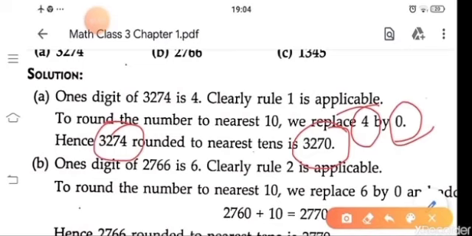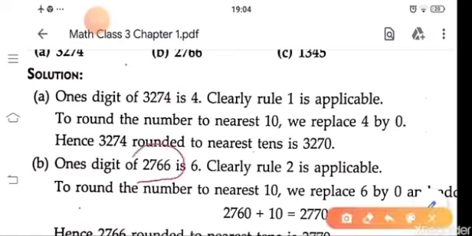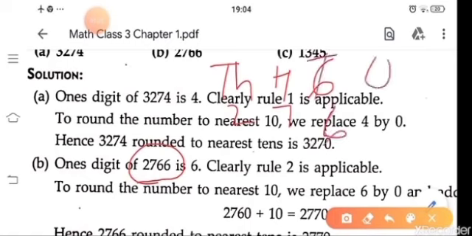Now we'll move to the next example, 2766. Children, rule number 2 is applicable here. At the thousands place 2 is here, at the hundreds place 7, at the tens place 6, and at the ones place again 6.